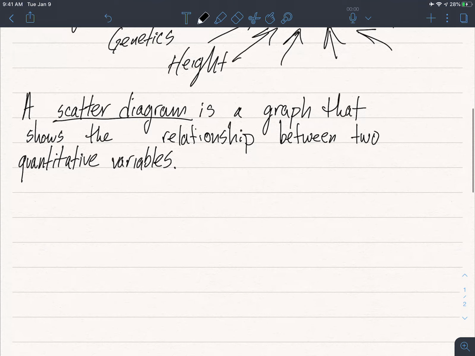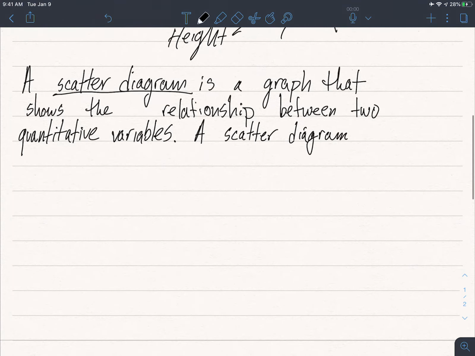To show the relationship between two quantitative variables, let me erase this. A scatter diagram consists of plotted points.